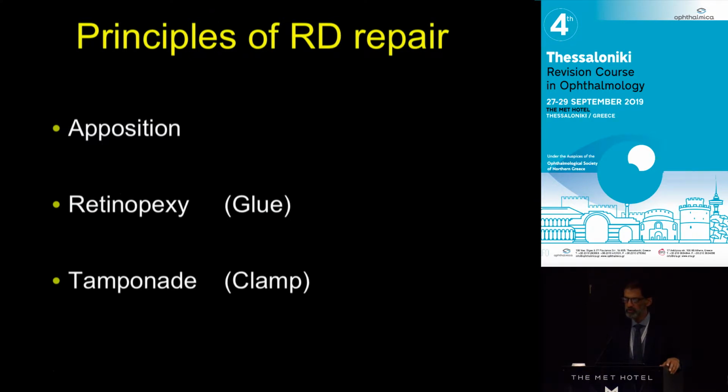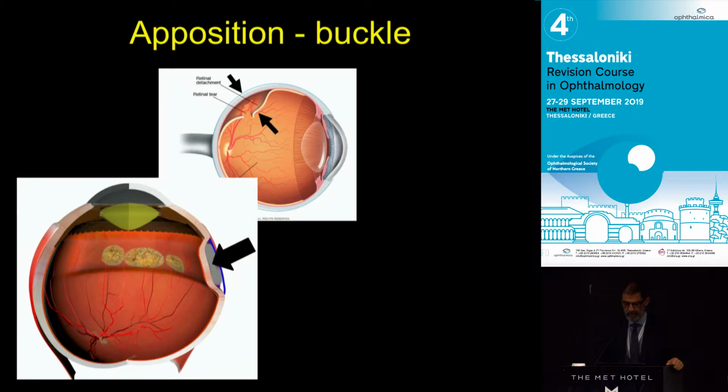So if you think of those three things: somehow you've got to get the two things you're sticking together, and then you've got to glue them and clamp them until the glue works. There are two ways of doing that. You can push the retina from the inside, which is what the vitrectomy and gas version does, or you can push the sclera from the outside, or of course you can do both.